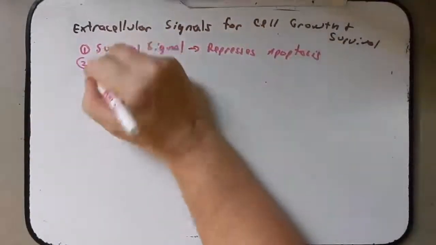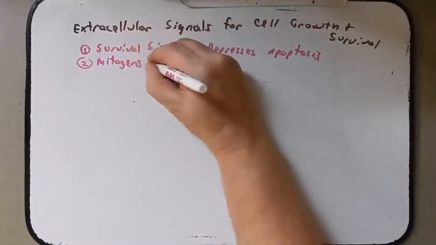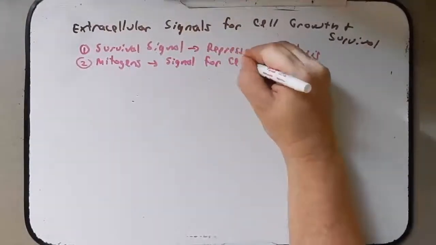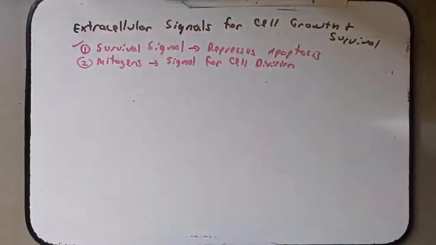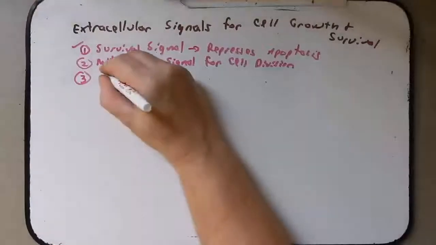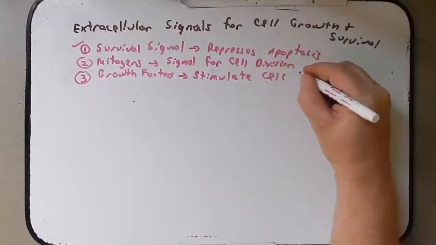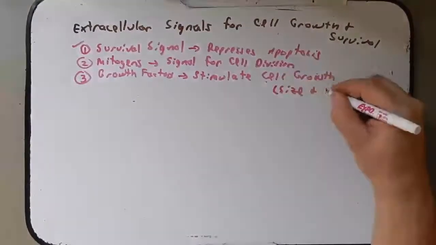These extracellular signals can be mitogens, and we've already talked about mitogens and how they signal for cell division. We're not going to talk any more about those in this podcast, but we will talk about survival signals, and this third one here, growth factors. And growth factors stimulate cell growth. And cell growth means both in size and mass.